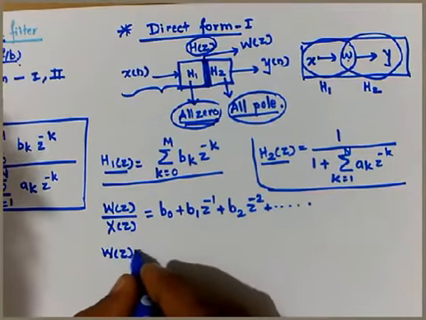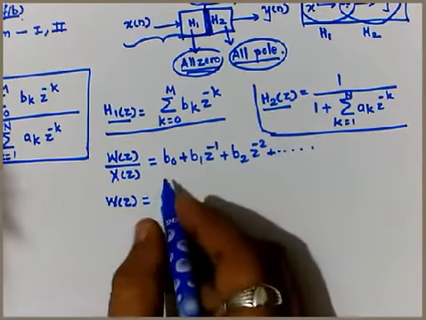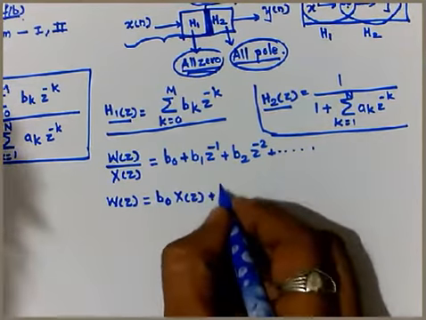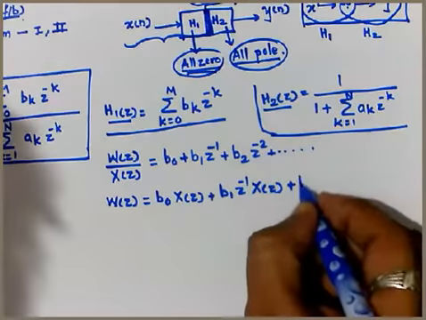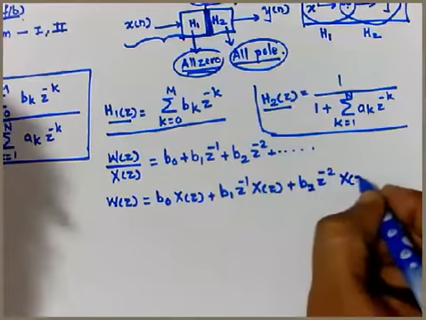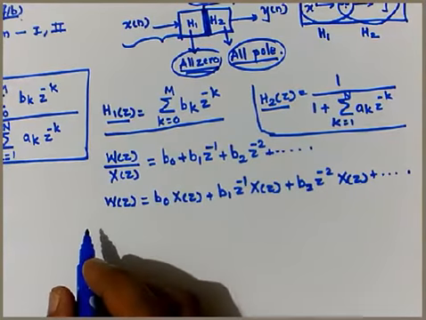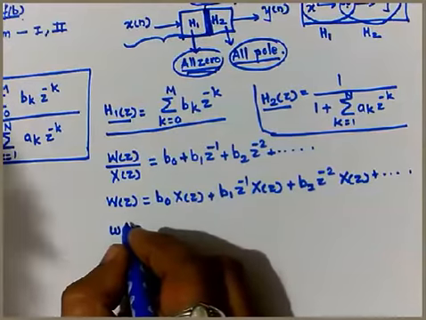So W(z) is equal to b0 X(z) plus b1 z inverse X(z) plus b2 z raised to minus 2 X(z) plus dot dot dot. Now let's take the inverse over here. So it will be w(n), the inverse z transform.